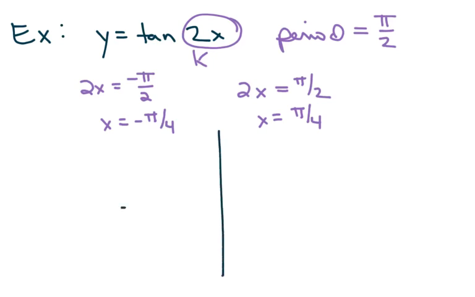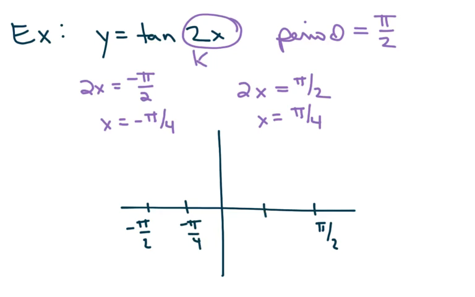So now, when I go graph this, instead of the period going from negative pi over 2 to pi over 2, it's going to start at negative pi over 4 and end at pi over 4. So here are my new asymptotes.